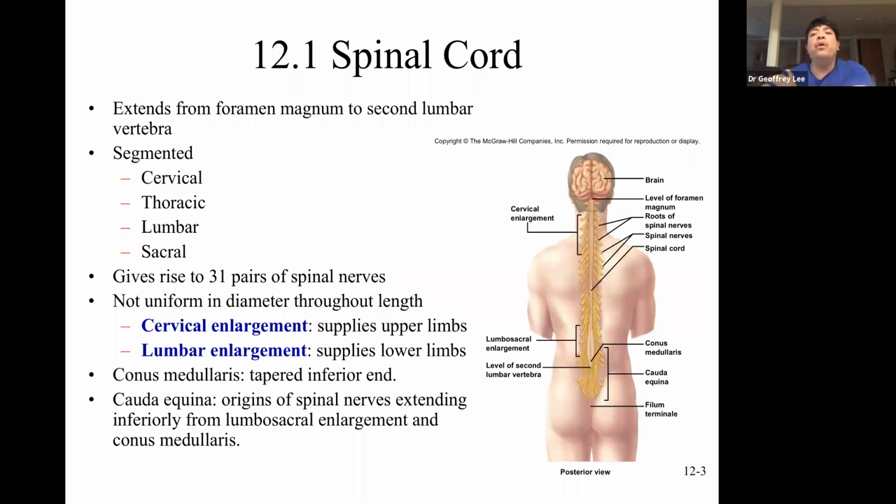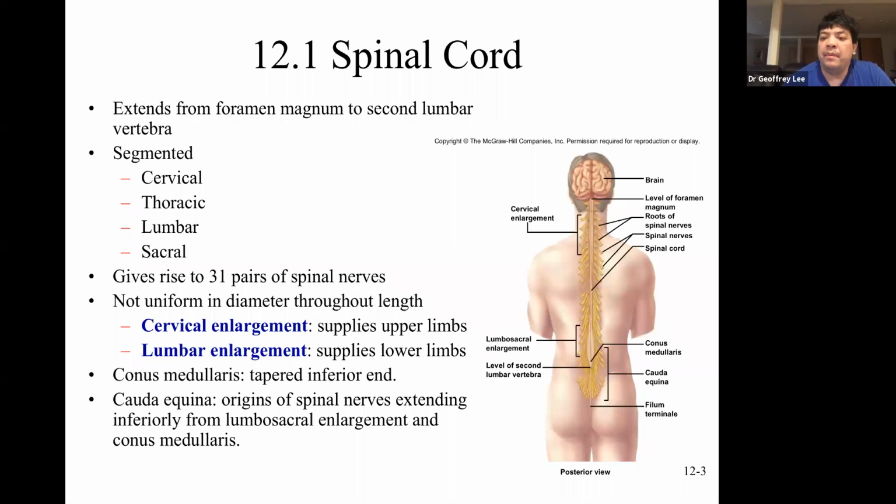So if it's a motor signal, the spinal nerve allows motor neurons to exit out and then go to that target muscle. If you get damage in the spinal nerve here, those motor signals can't go out. And now you don't have motor control of the muscles you should, and you have either loss of function or complete paralysis.